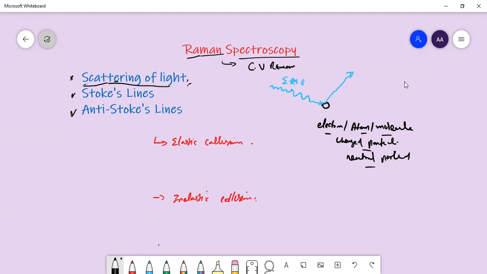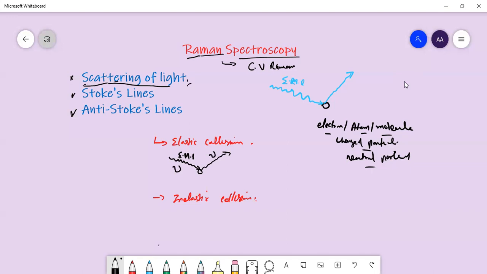So what we mean by elastic collision here is that electromagnetic radiations are striking these particles, and after striking, the light scatters in different directions without changing the energy of the radiation. For example, if the frequency of this electromagnetic radiation is mu, then the energy of the scattered radiation will also be mu.